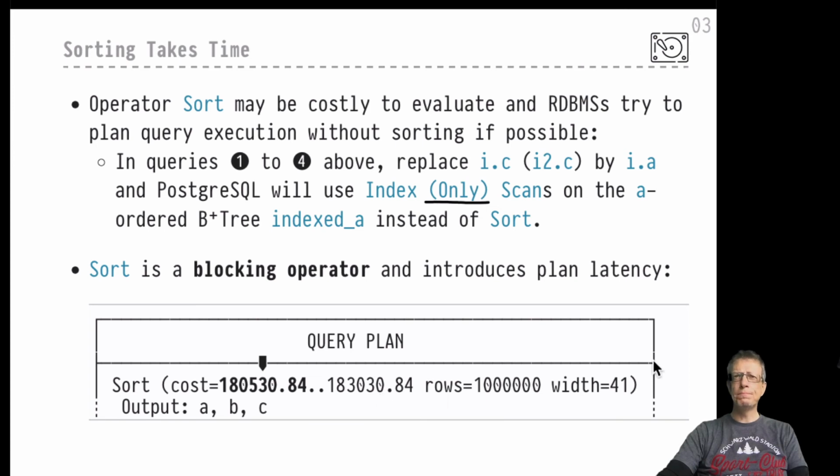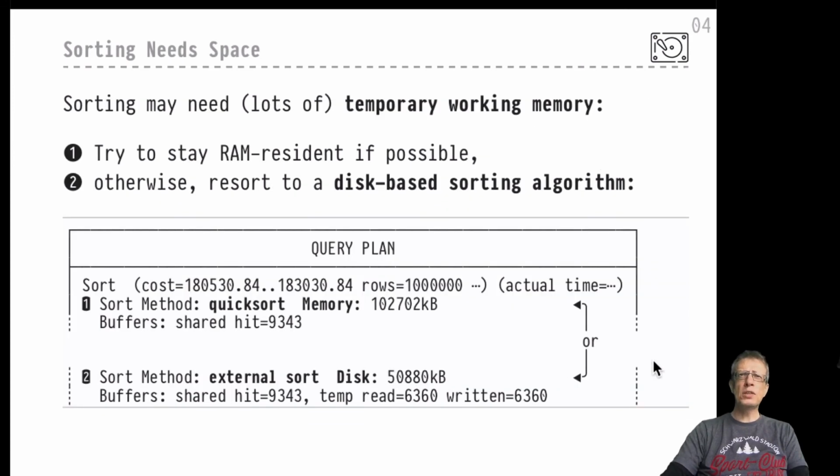All right. So sorting takes time, but sorting also needs space, right? So sorting may need temporary working memory, and maybe it needs lots of temporary working memory. The system will make a prediction about the size of the working memory that is needed when it performs the planning, right? And of course, the system will try to stay RAM resident if possible.